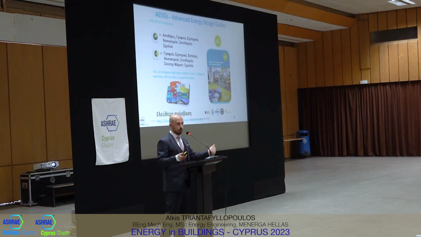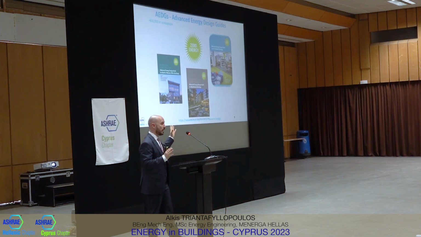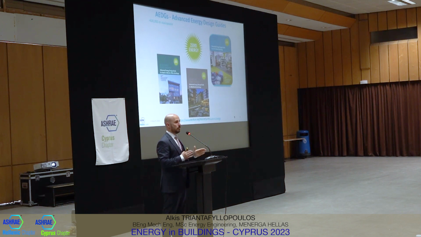So the road to NZEB is probably through these guides. Some basic values they have shown are for small offices and medium buildings, multifamily buildings, and schools. So these are the three categories they have so far for zero energy buildings. They have others for minus 50%, minus 75%. They're available for each and every one of you to download and use.